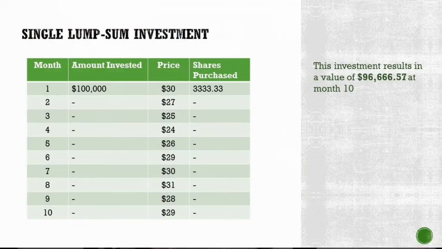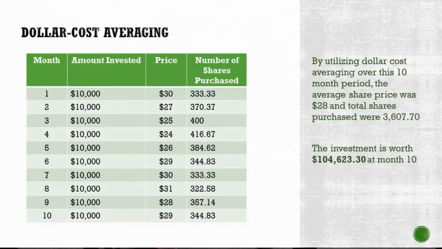So I actually have an example here because I think that's the best way to explain it. So this first slide here is as if you were investing $100,000, say on January 1st. At $30 a share, you would buy 3,333.33 shares. And then over the next 10 months... can we go back to that last one there? There we go.